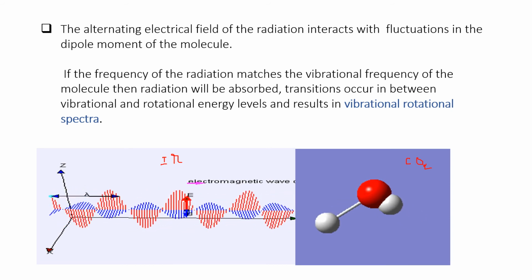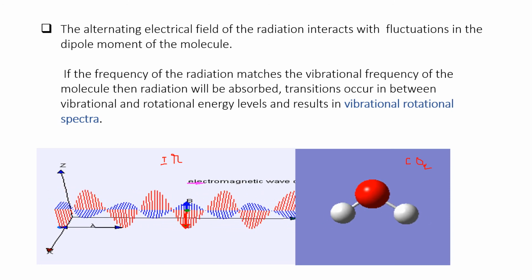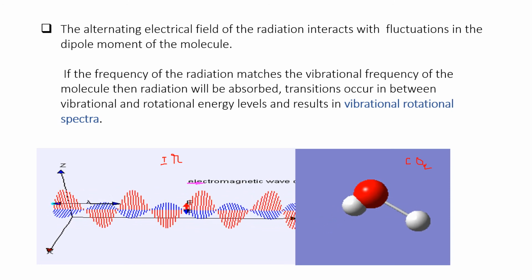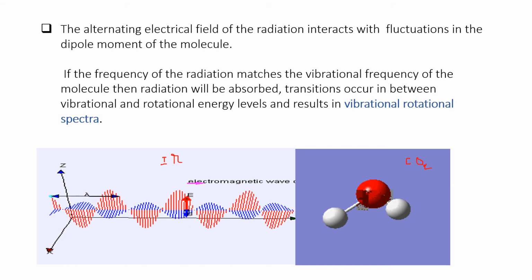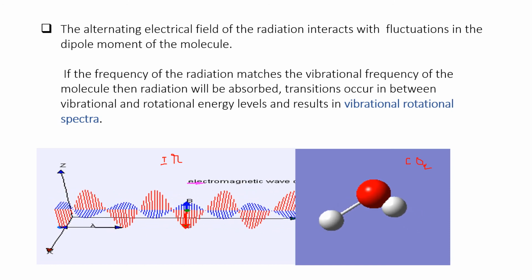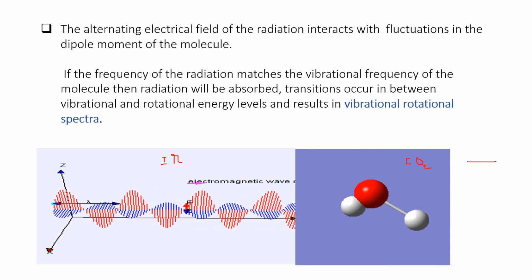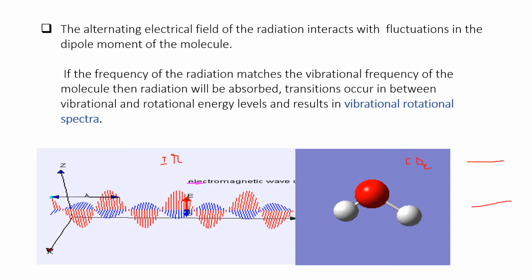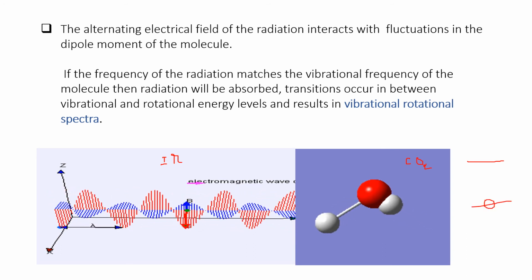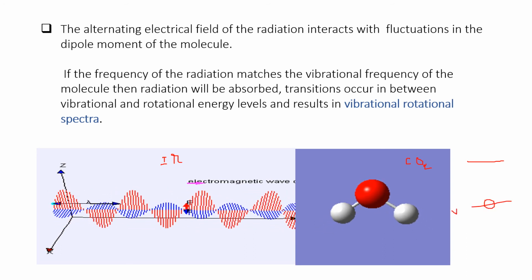If the frequency of the radiation matches the vibrational frequency of the molecule, then the radiation will be absorbed by the molecule. Imagine my CO2 molecule is in the V equal to 0 state.